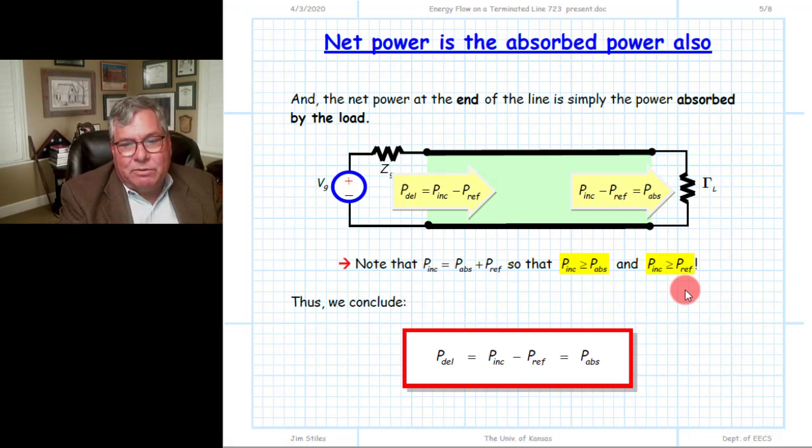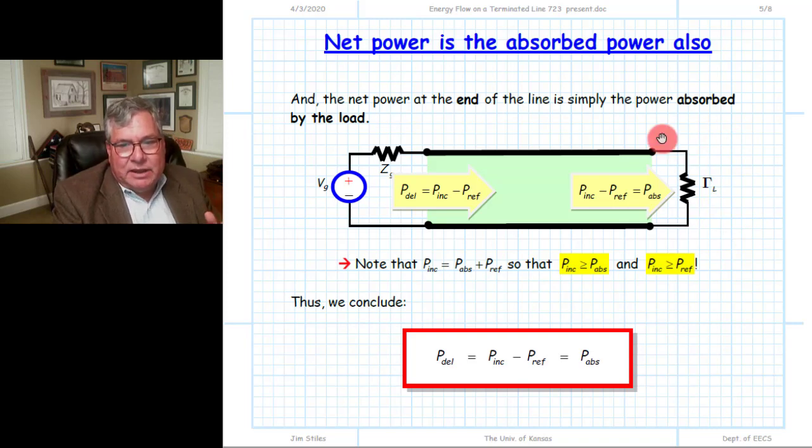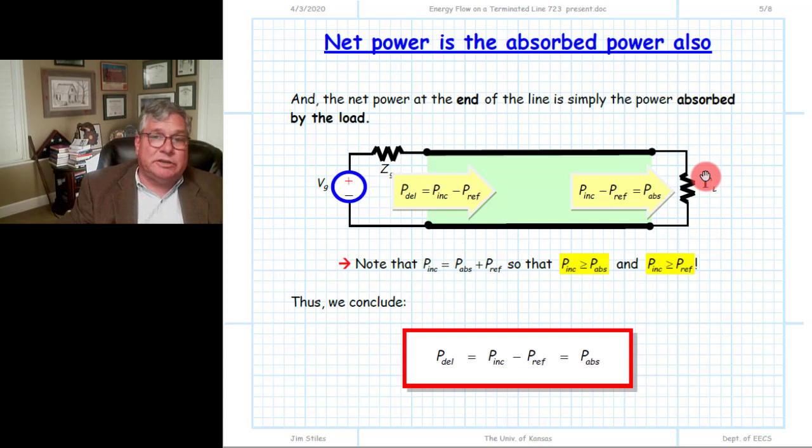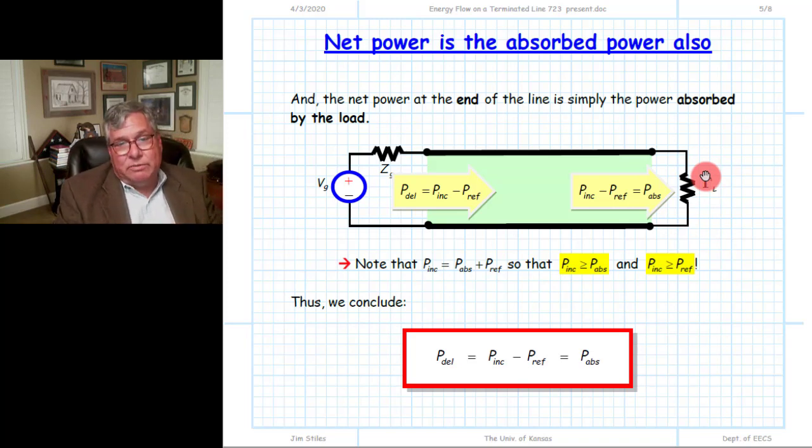Again, that's very important that you put that in your mind, because students make that mistake frequently. All right, one last boundary condition, and we're going to apply that at the end of our transmission line where the load is attached. And again, we know the net power flow at the end of the line here is simply the difference between the incident and reflected power. But by conservation of energy, the rate at which energy is flowing out of our transmission line must be equal to the rate at which energy is flowing into our load, the rate at which the energy is being absorbed by the load.